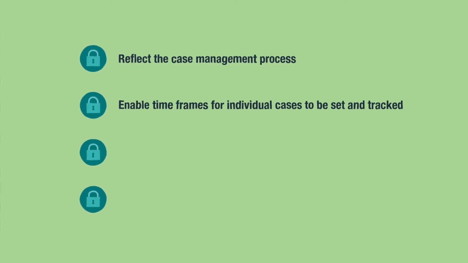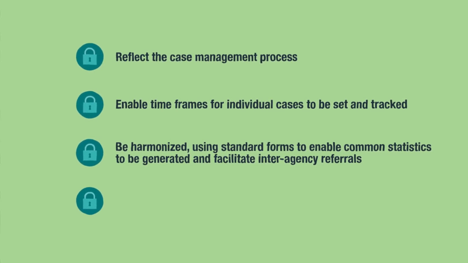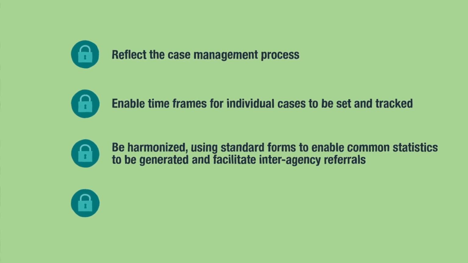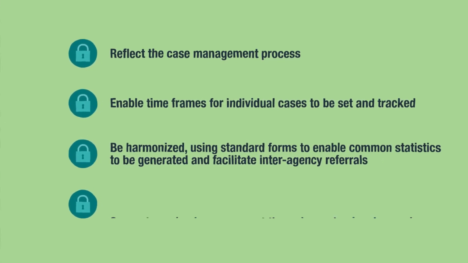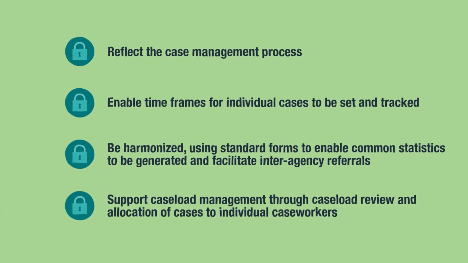All case management databases should reflect the case management process, enable timeframes for individual cases to be set and tracked, be harmonized, using standard forms to enable common statistics to be generated and facilitate inter-agency referrals, support caseload management through caseload review and allocation of cases to individual caseworkers.